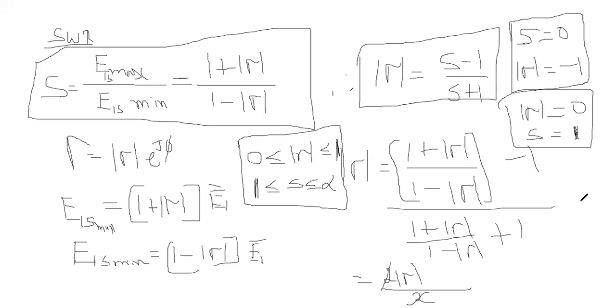For every lambda by 2 in the conducting medium, the wave increases and goes to 0, and again increases and goes to 0. That is z equal to 0.